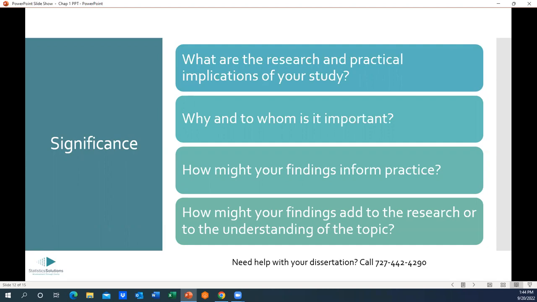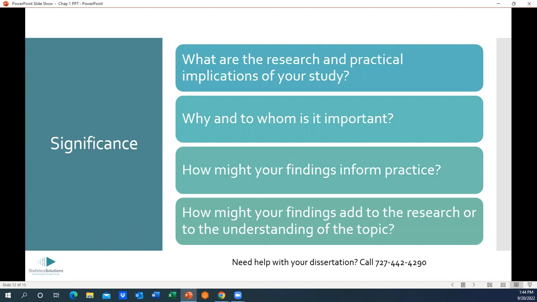The other prong is practice. How can the information you get from your study be valuable to people on the ground, at the level of practice? If you're doing an education study, your findings can be valuable to teachers. Obviously, it might also be valuable to administrators.